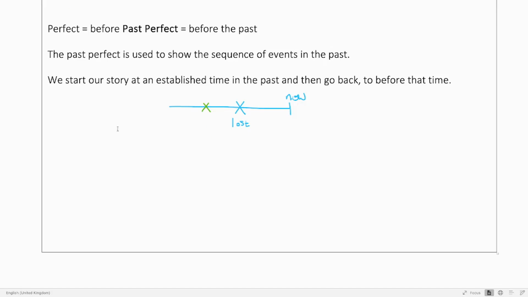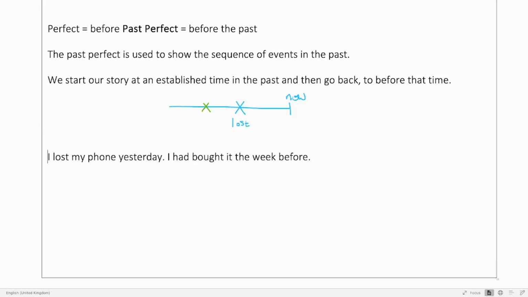Now, let me write the sentence for you. Okay? I lost my phone yesterday. I had bought it last week, or the week before. I had bought it the week before. Oh, okay.